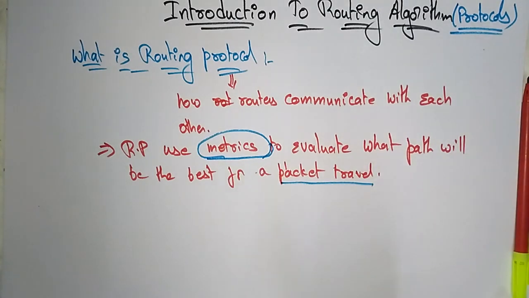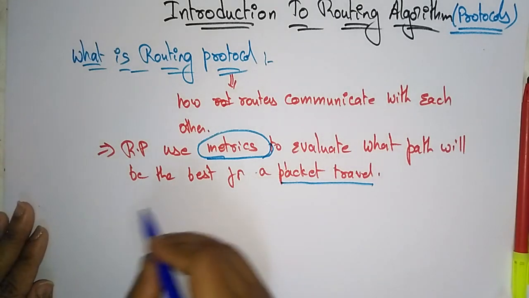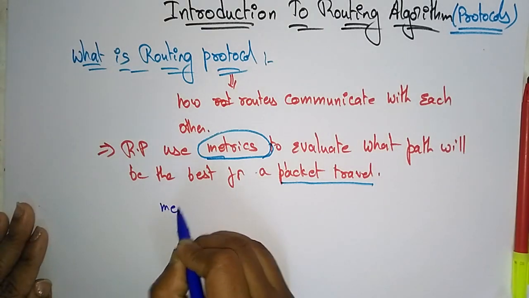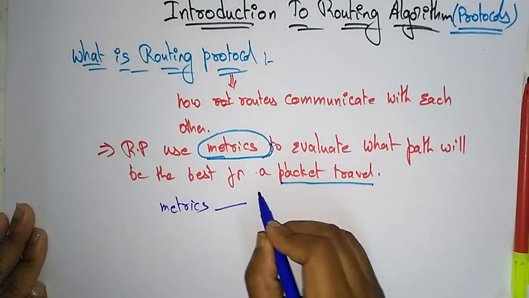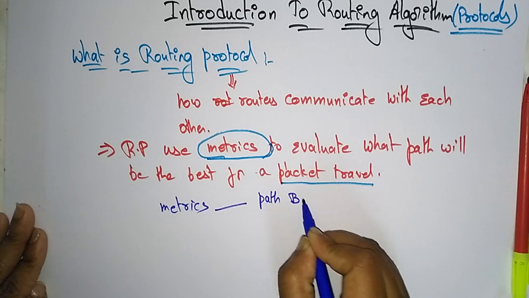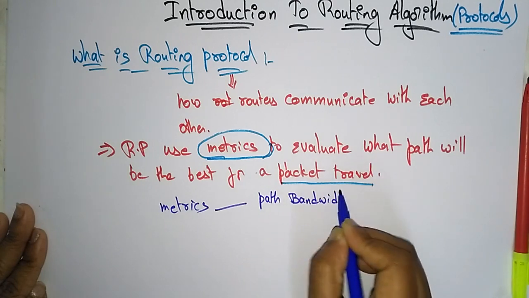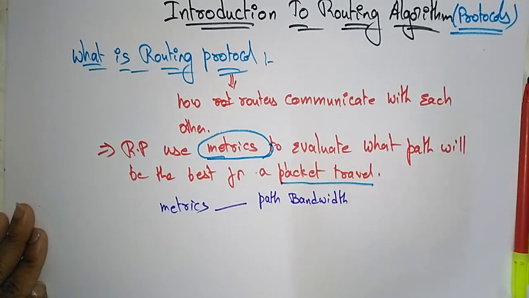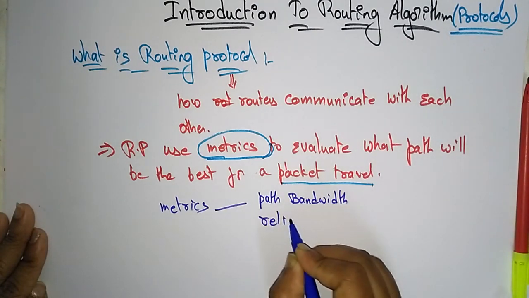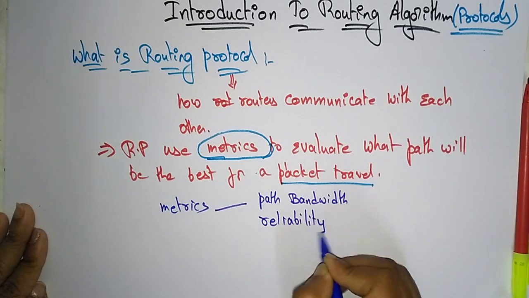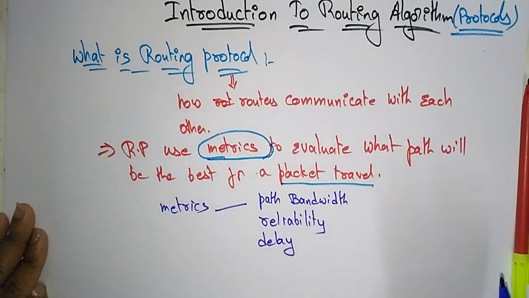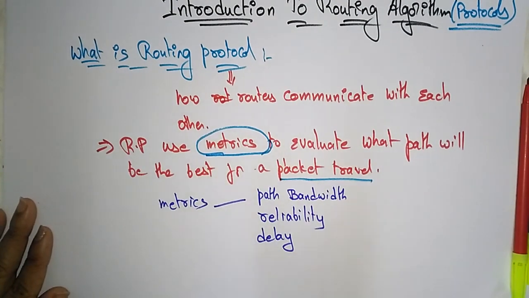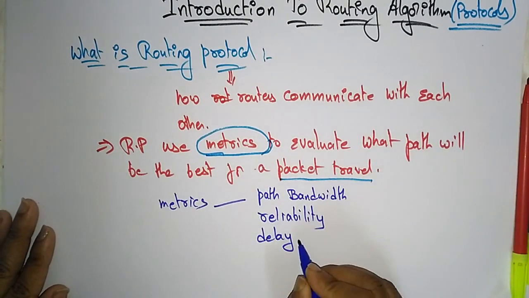A metric is a standard of measurement, such as path bandwidth. They have to think about which path has the highest bandwidth, which path is reliable, and whether there is any delay in the packet while transferring from source to destination over the path.